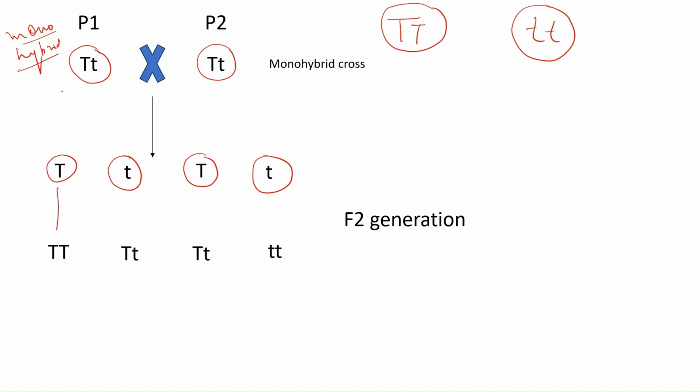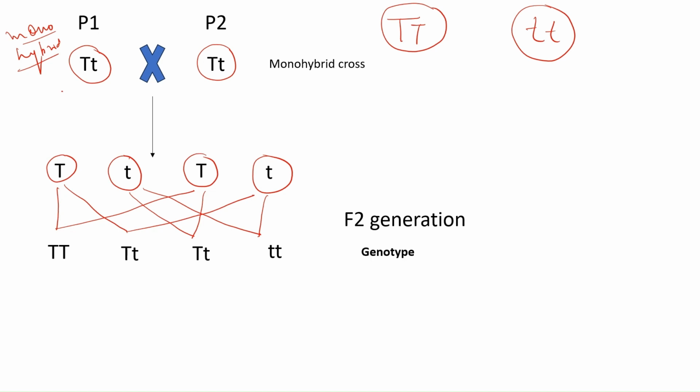This capital T will combine with this capital T to form the capital T capital T genotype. This capital T will combine with this small t to form the capital T small t genotype. The small t of parent 1 will combine with the capital T of parent 2 to form again capital T small t, and this small t will combine with the small t of parent 2 to form small t small t.